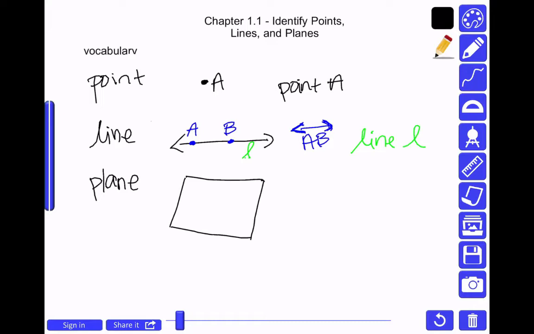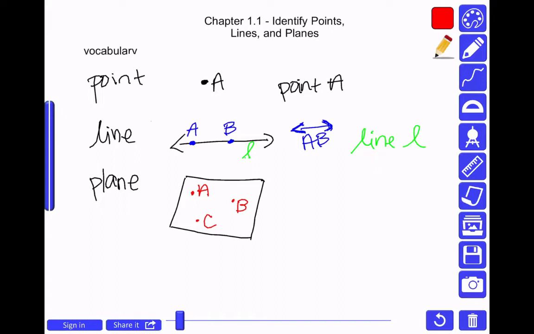So a plane is defined by 3 non-collinear points. So point A, point B, and point C. Those are non-collinear, meaning they do not lie on the same line. I'll get to that in a minute.